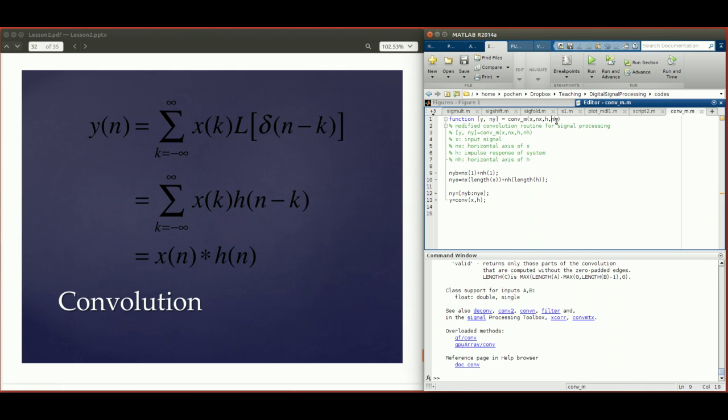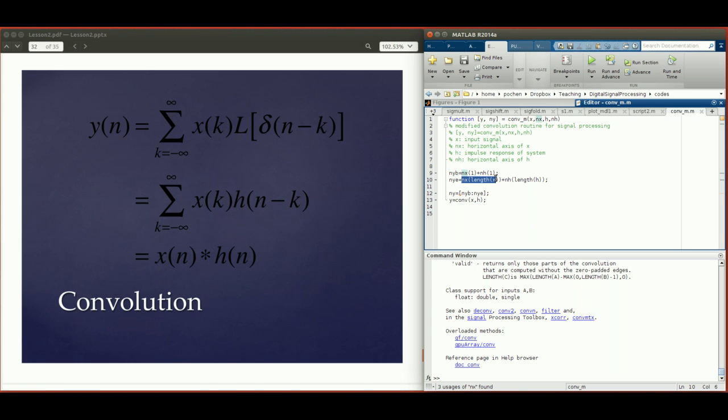Because nh is the horizontal axis of h, its first element is the starting index of the h signal, right? So nyb is just going to be a summation of the starting indices of both the input signal and the impulse response.